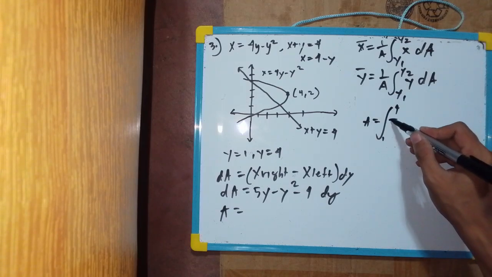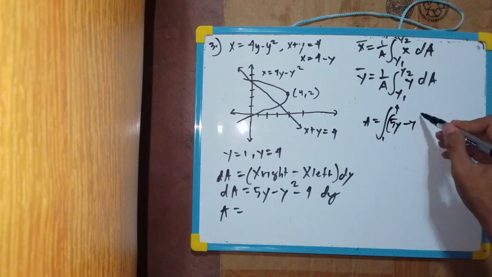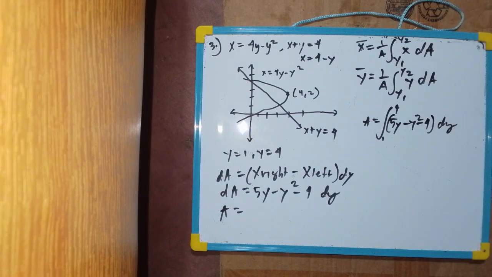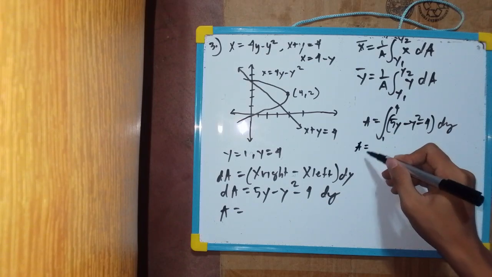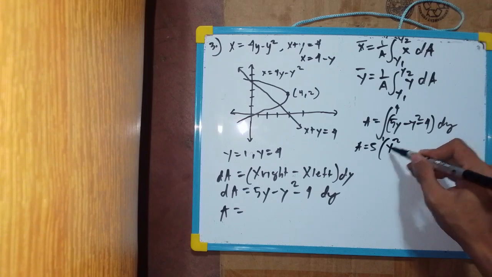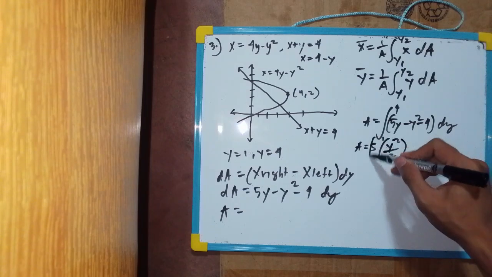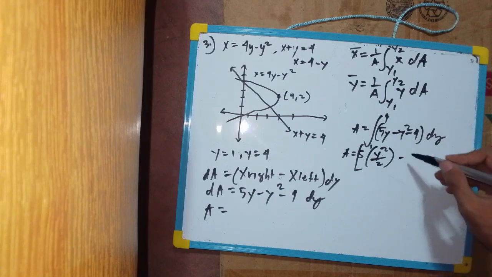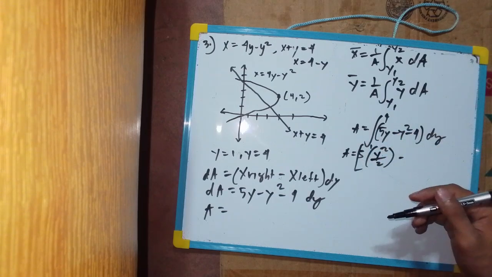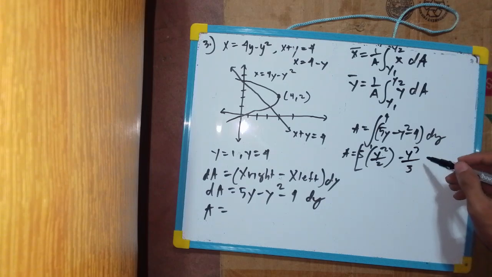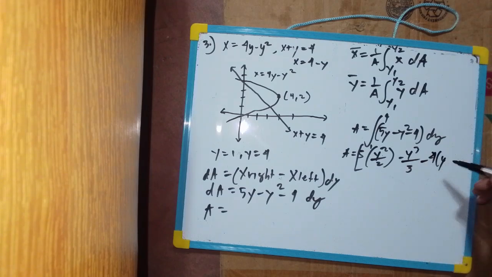So integrating this separately, we have 5 times y squared over 2, minus y cubed over 3, minus 4 times y.